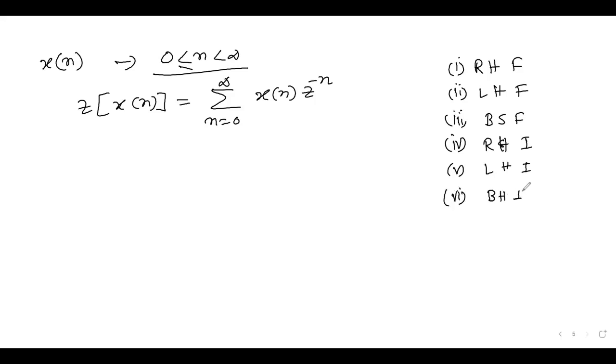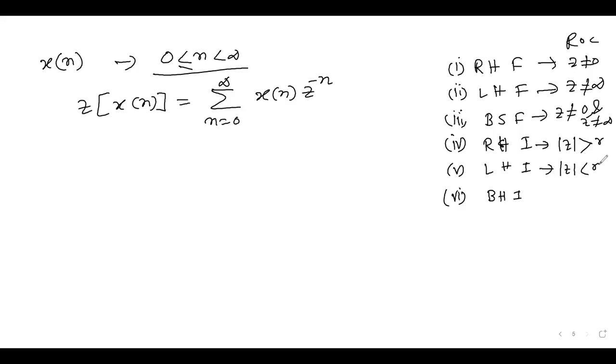Both hand infinite: here the ROC was z not equal to 0. Here it is z not equal to infinity. Here it is z not equal to 0 and not equal to infinity. So I feel frustrated if you do not respond, if you do not study properly. Here mod z greater than r, r1 or whatever you took, r to the power n, and here mod z is less than r. Do you remember?